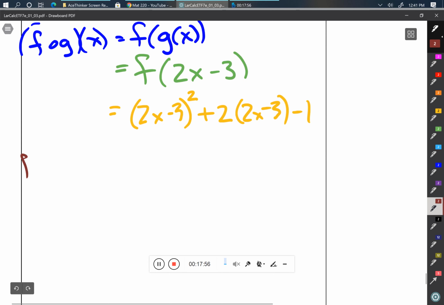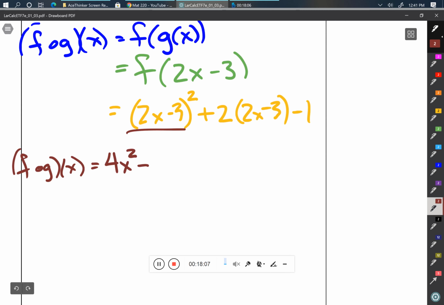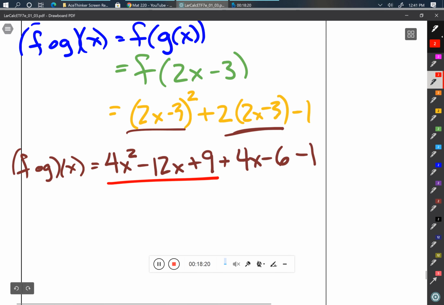Okay, so f composed with g of x. So 2x minus 3 squared, that's going to give me 4x squared minus 12x plus 9 plus 4x minus 6, that came from here, minus 1. So if you're wondering where things came from, this is this, this is this, and of course the 1 is just the negative 1 there.